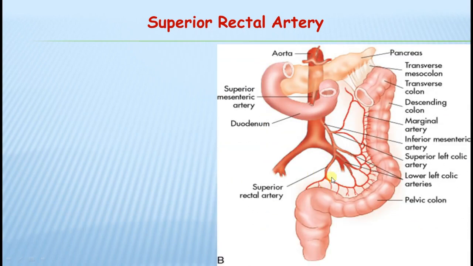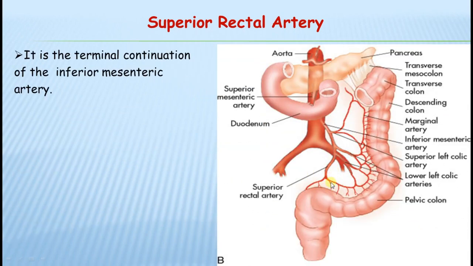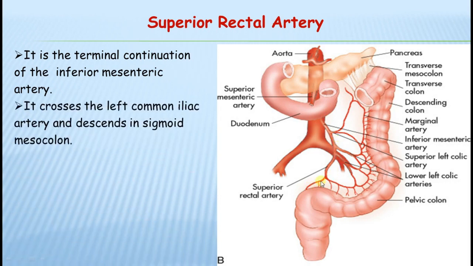Then next is the superior rectal artery, which is actually a branch of the inferior mesenteric artery. It is the terminal continuation of the inferior mesenteric artery. It crosses the left common iliac vein and descends in the sigmoid colon.